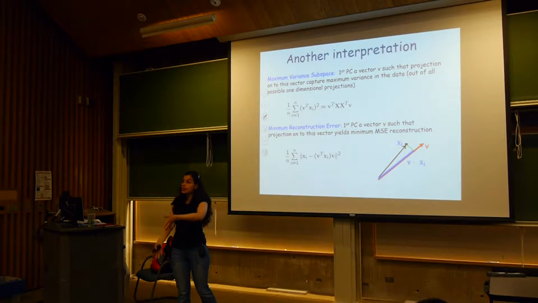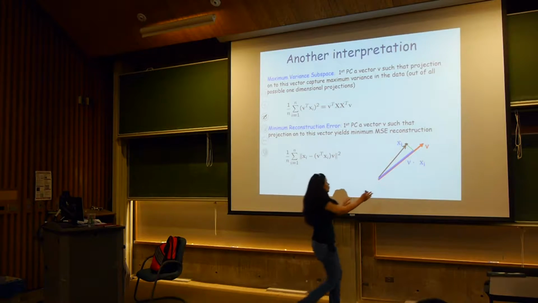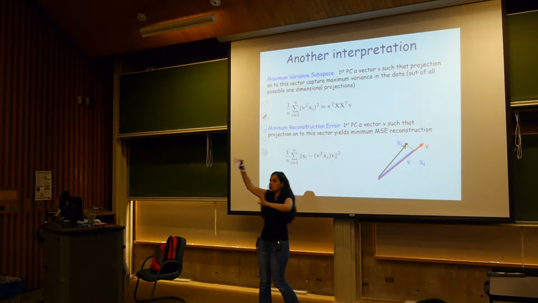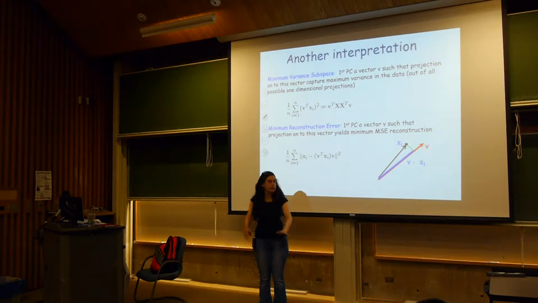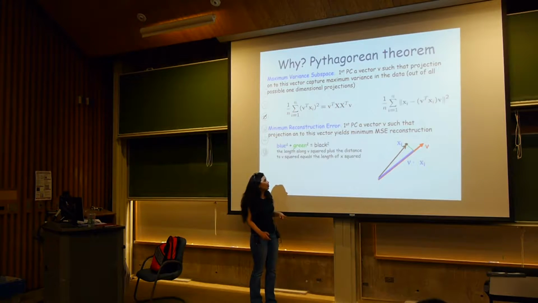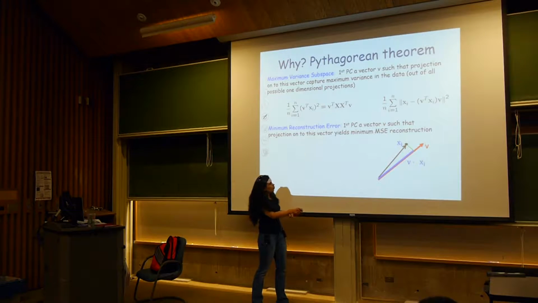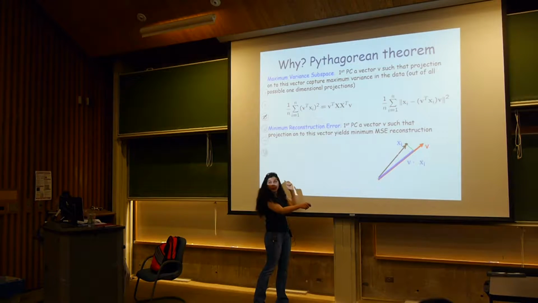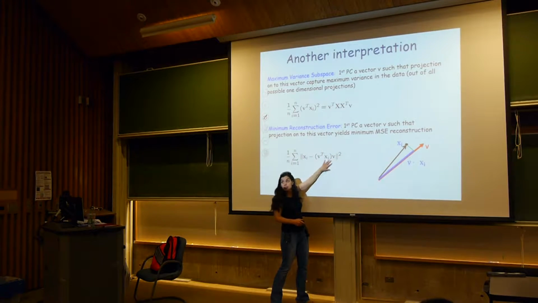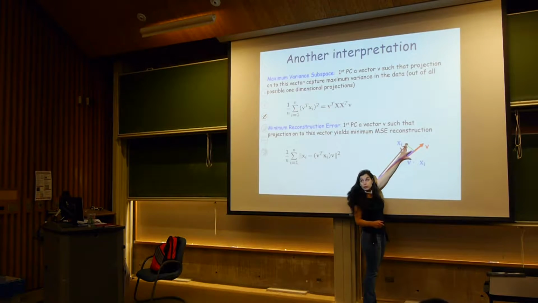But in order to talk about the reconstruction error, I have to move this vector back into the higher dimensional space, from one dimension back to two dimensions, so that's why I multiply by v here. This is exactly the reconstruction error, and for a point xi it just corresponds to the length of the green part over here.